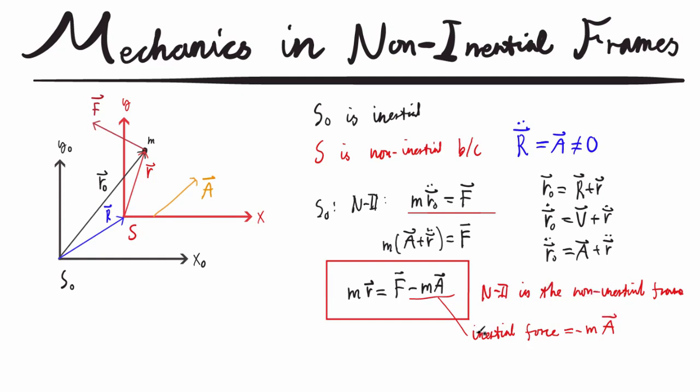Now the inertial force is what we term a fictitious force, which means that it differs from a normal force. It has some properties of a force, and so we put it over on the right-hand side of this equation, but it is not quite a normal force.